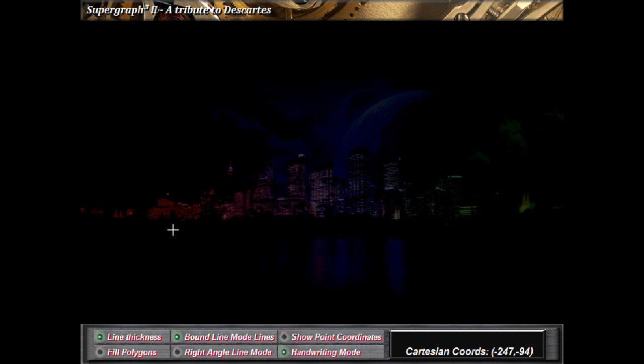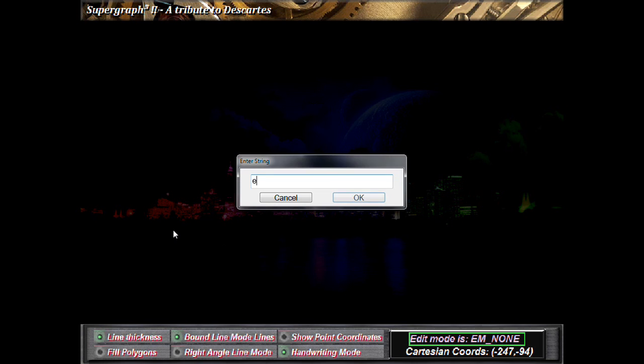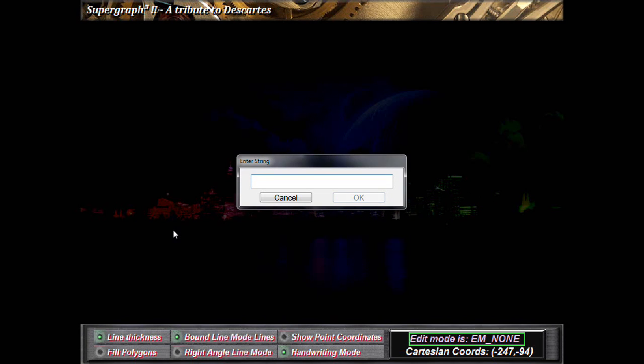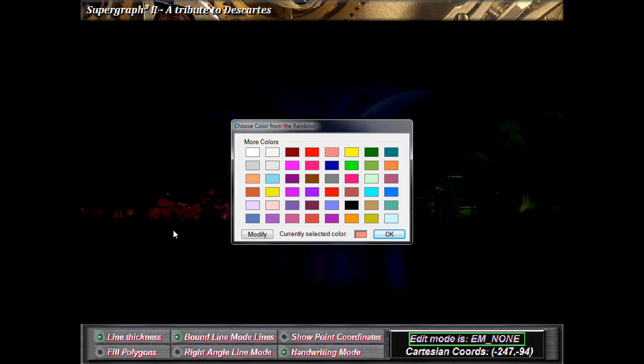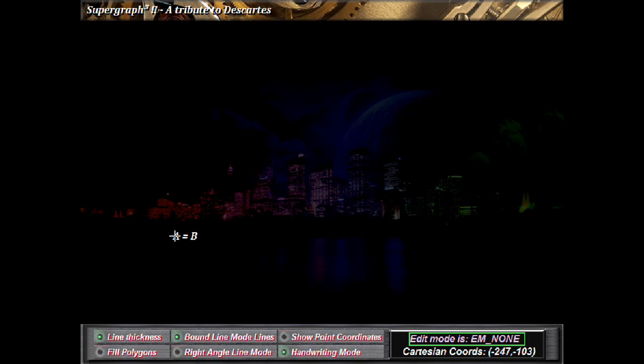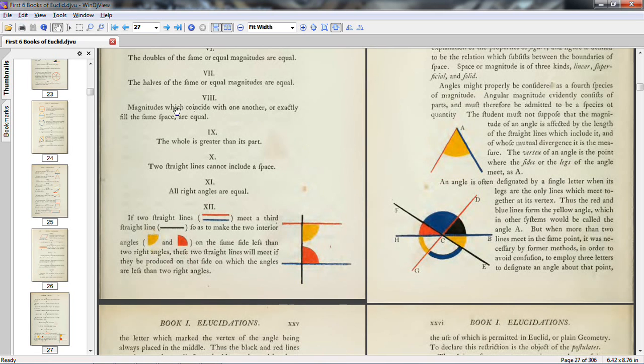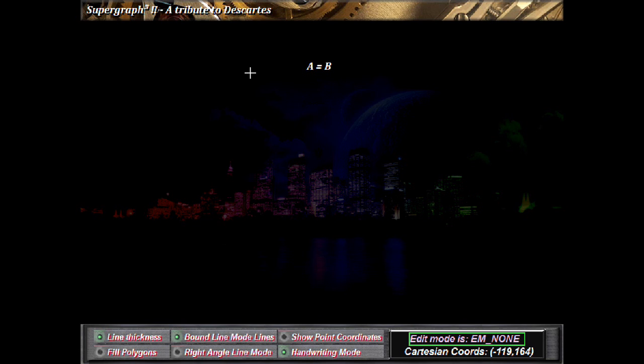So we start with A equals B. And the axiom says the doubles of the same or equal magnitudes are equal.